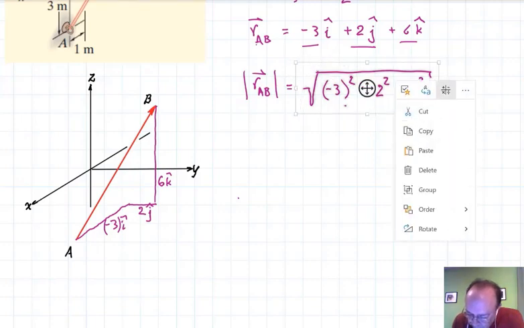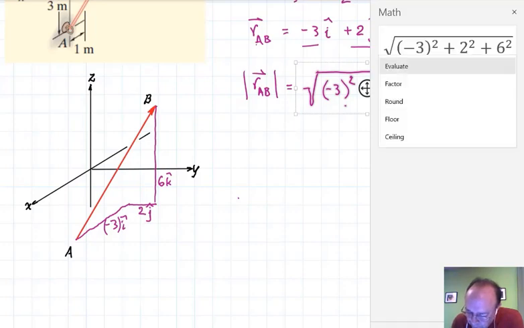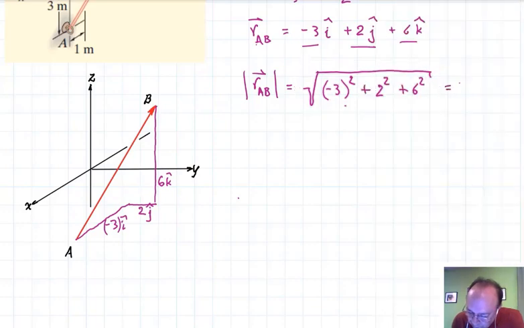This comes to be 7. So that's the magnitude of the vector.